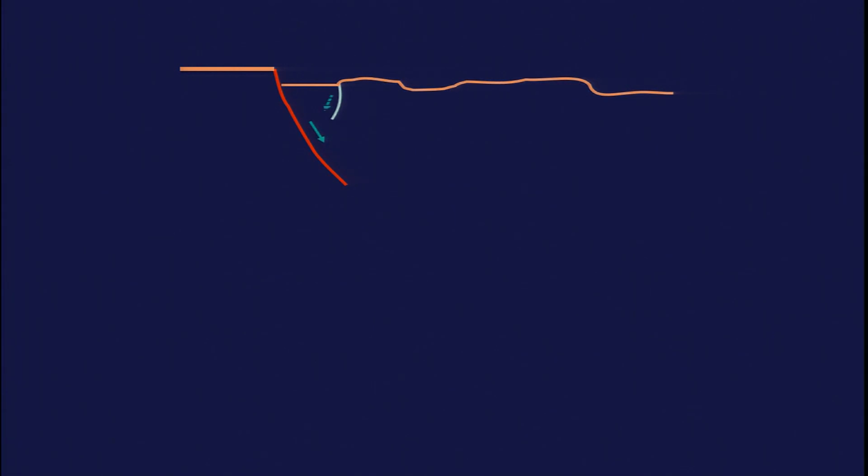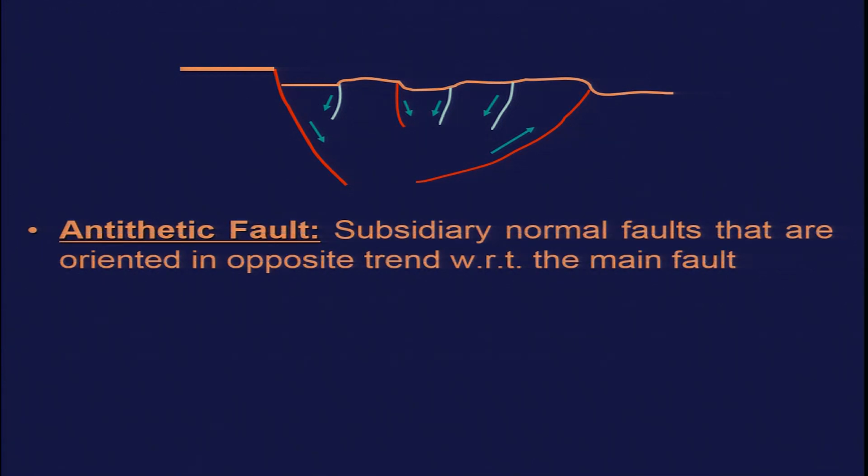So if you look at this part here, we have secondary faulting along with the main normal faulting. We call this an antithetic fault: subsidiary normal faults that are oriented in the opposite trend with respect to the main fault.